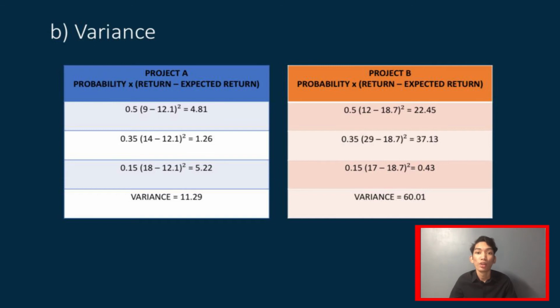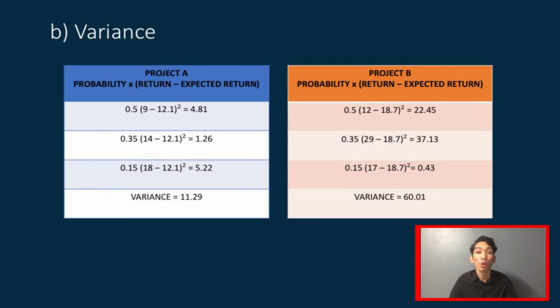Okay, next variance. The formula of variance is probability times bracket return minus expected return bracket power of 2. For project A, first 0.5 bracket 9 minus 12.1 bracket power of 2 equals 4.81. Second 0.35 bracket 14 minus 12.1 bracket power of 2 equals 1.26.